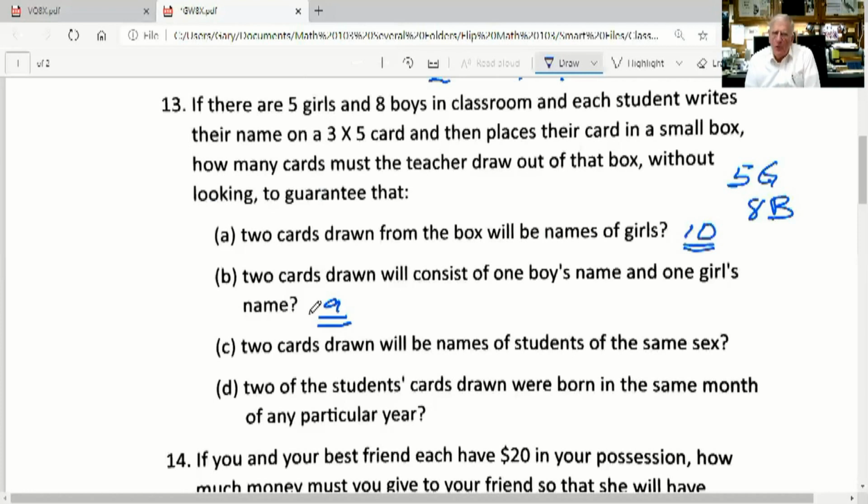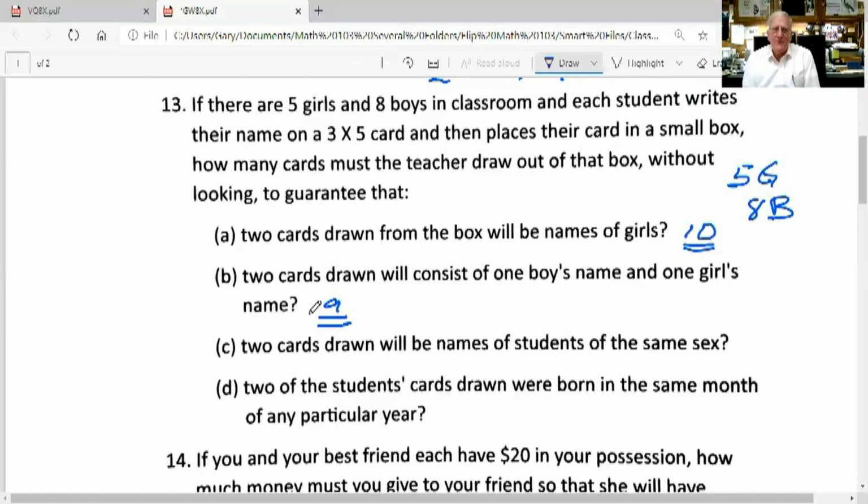Well, if she drew a boy's card first, and a second boy's card, she's done. She's good. She's got 2 cards of the same sex. Same thing if she draws 2 girl cards out.